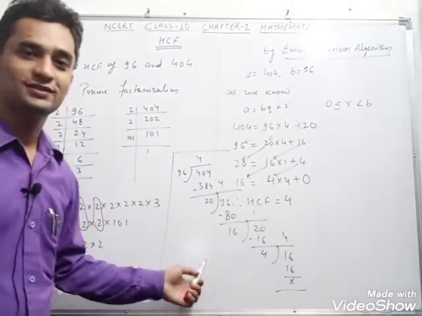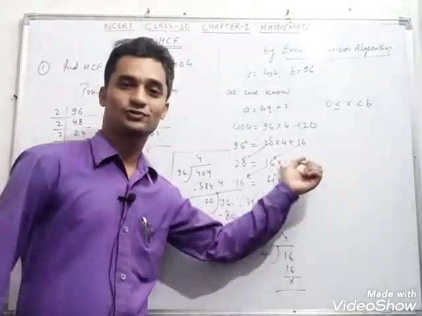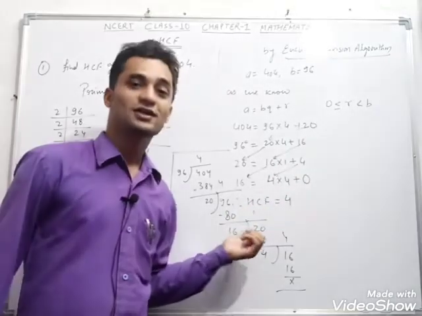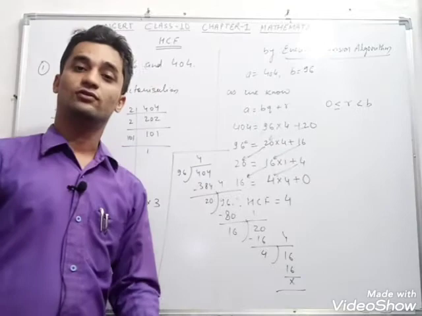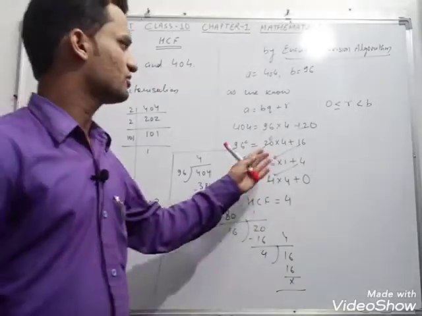You were doing like this. Is this the same as this only? So this was the division method. This was the long division method for finding out the HCF. So it is also similar only.